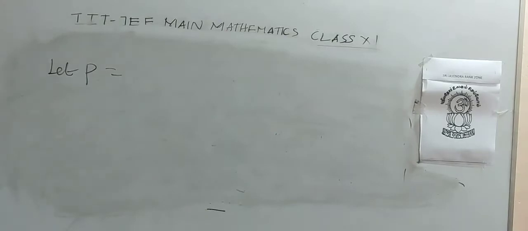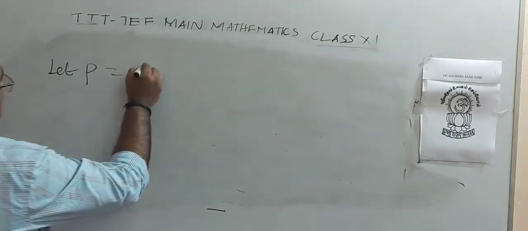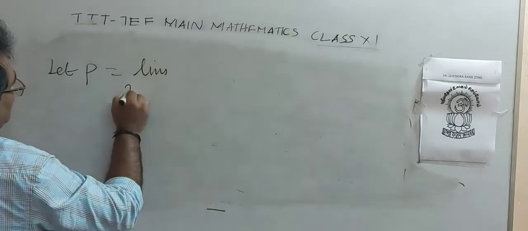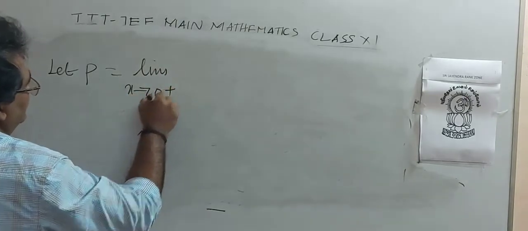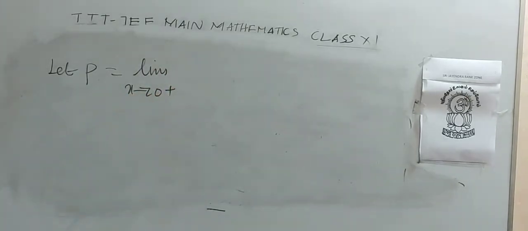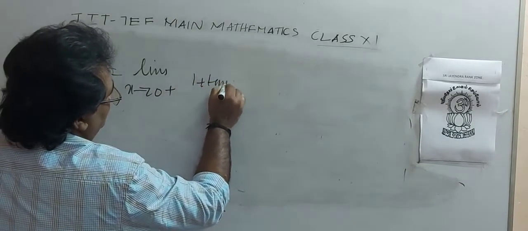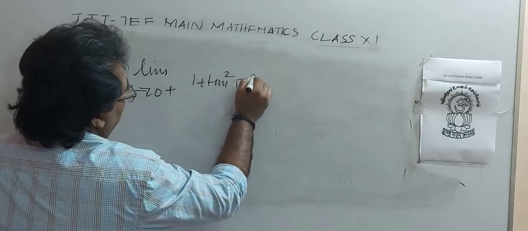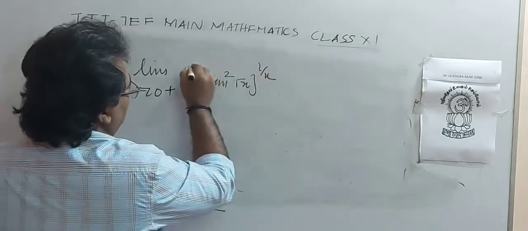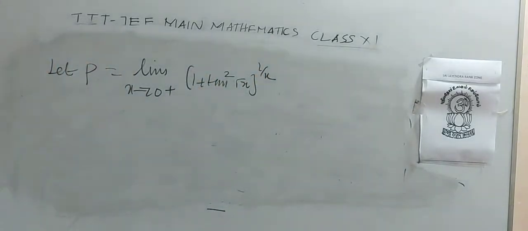Let p equal to limit x tends to 0 plus, one plus tan square root x, whole power 1 by 2x.